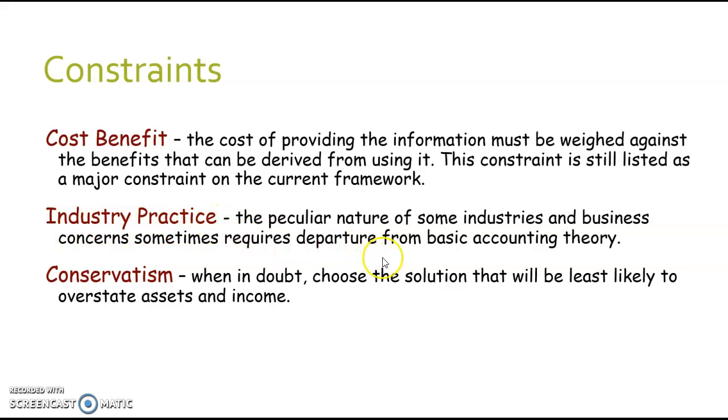The peculiar nature of some industries and business concerns sometimes requires departure from basic accounting theory. So farms, for instance, and the way that crops are recorded as costs and revenues of crops is different from the way that we would do, say, some factory products that are made or from merchandiser stuff.